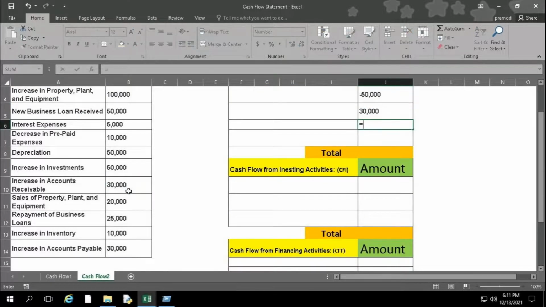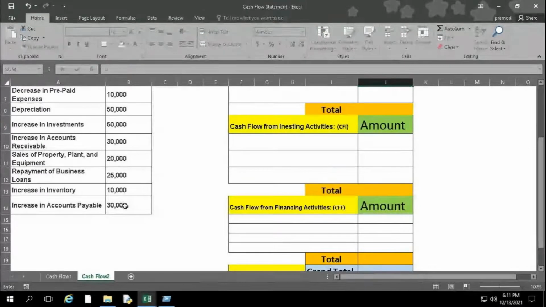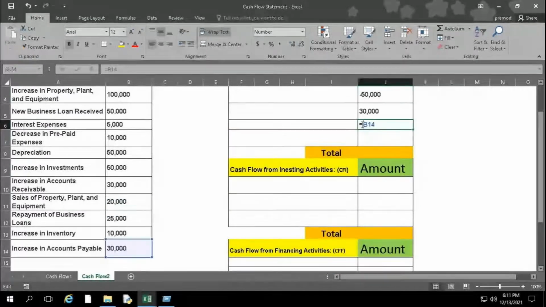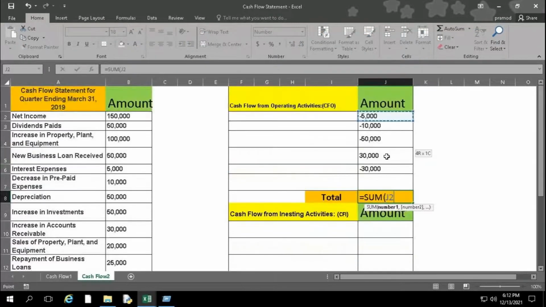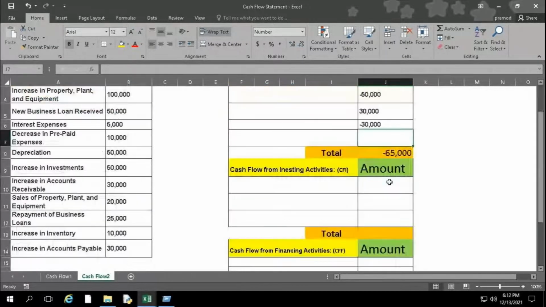And then how much total are you getting? Operating activities. Payable is minus 30,000, so I'm getting minus 65,000 on the operating side. Minus 55. Correct. Next. You have not added increase in inventory plus 10,000. Increase in inventory, yeah. Increasing inventory is there, no?